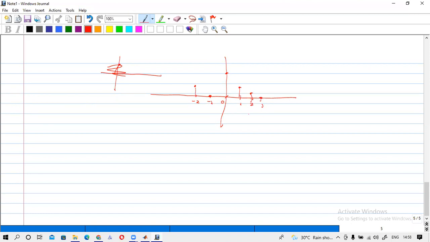If you have only this graph, it is okay whether you mark the 0 value for this or this. Both are okay. But say this is repeating. This is a periodic impulse, so you have to repeat this.